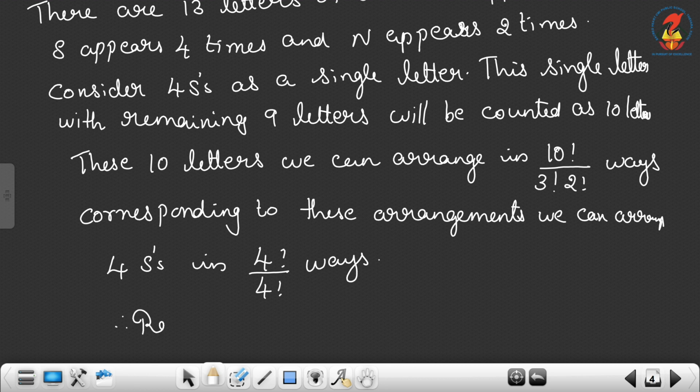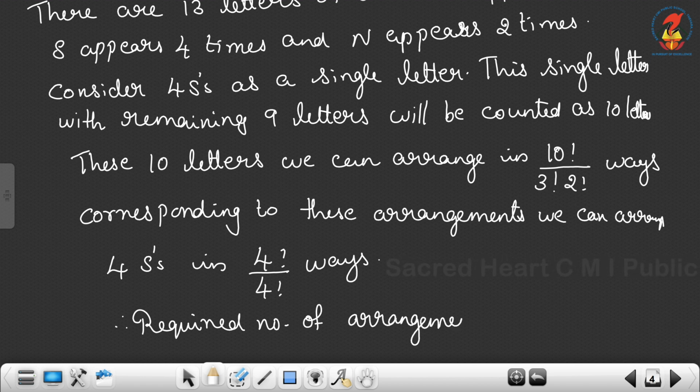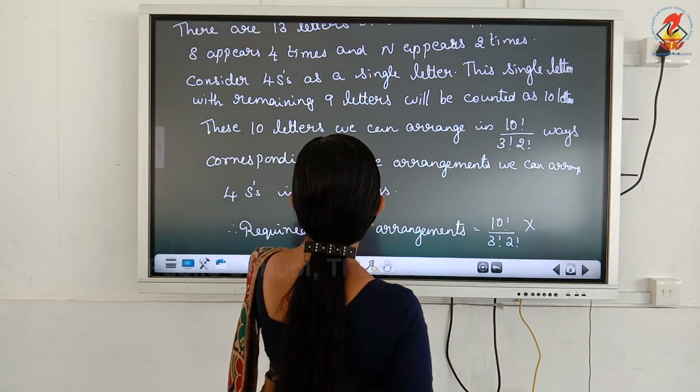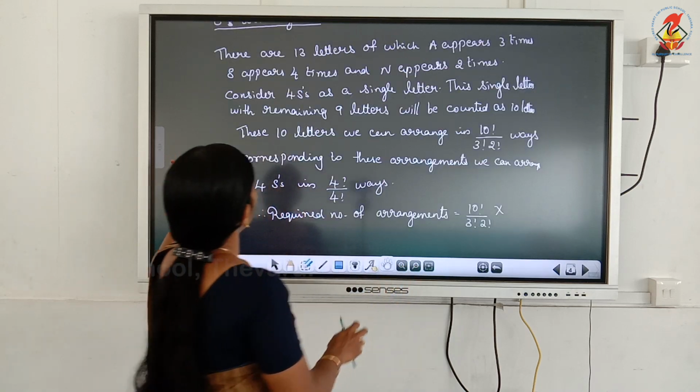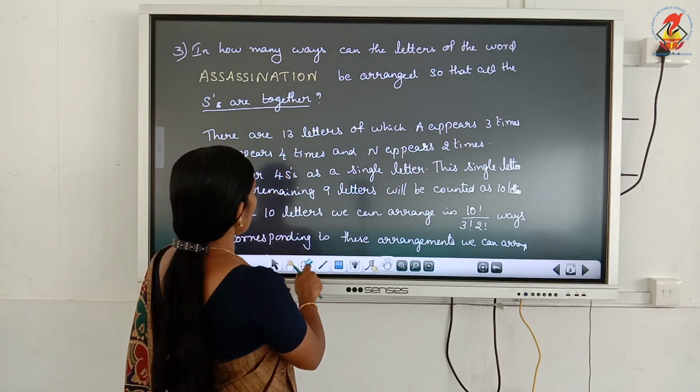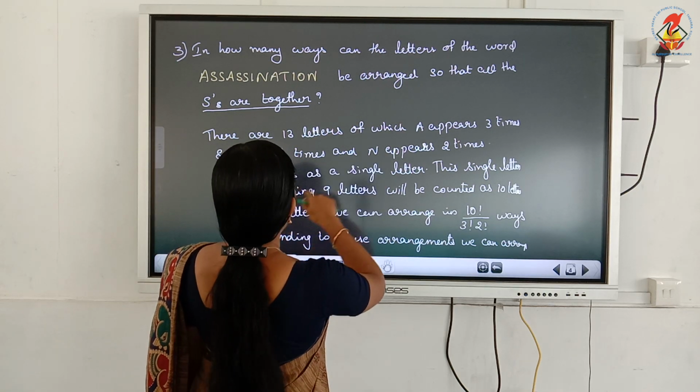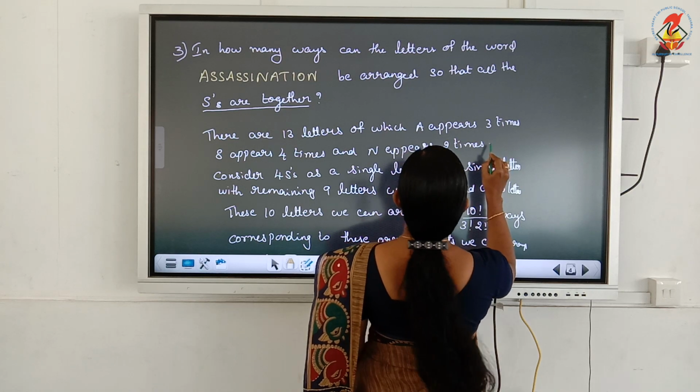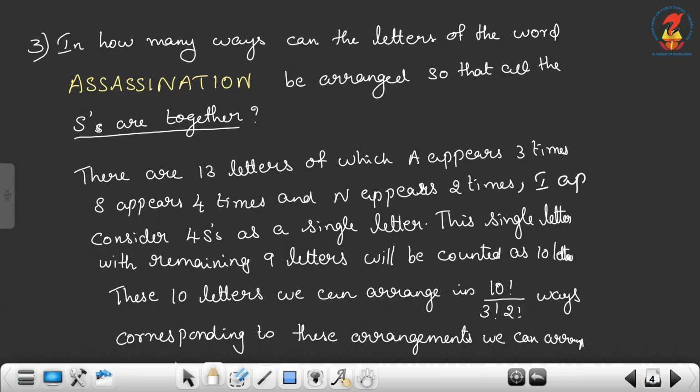Therefore, required number of arrangements or permutations or words is equal to factorial 10 by 3 factorial into 2 factorial into 4 factorial by, is there any other letter also? I 2 times, I didn't write I 2 times children. N appears 2 times, I appears 2 times.